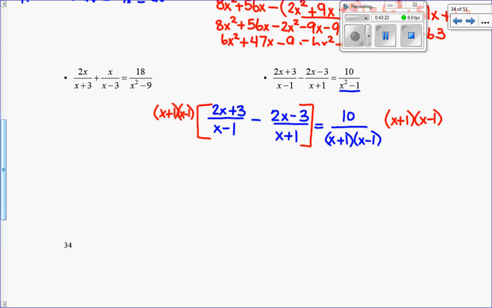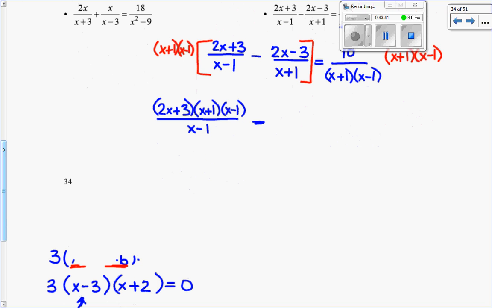All right, let's apply that. I've got 2x plus 3 times x plus 1 and x minus 1, all over x minus 1. Then I'm subtracting. Ooh, watch that subtraction sign. We've learned the hard way.